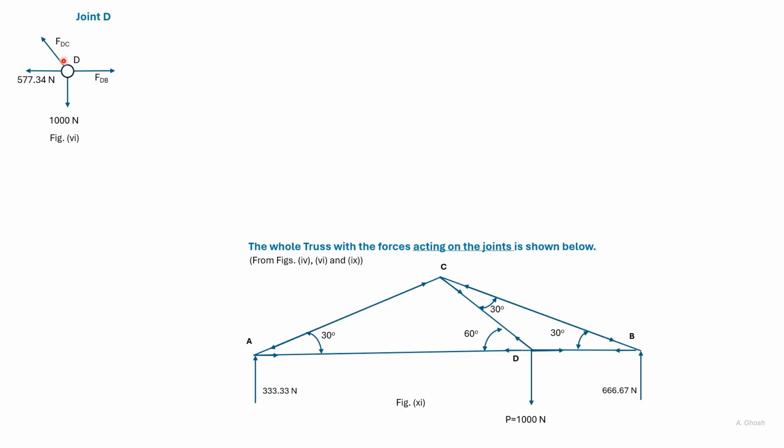FDC cos 30 is 1000, from which we can get FDC. Once we have got FDC, then FDC cos 60 plus this force would be equal to FDB, from which we can get FDB.